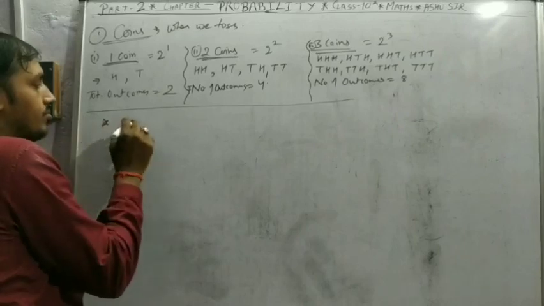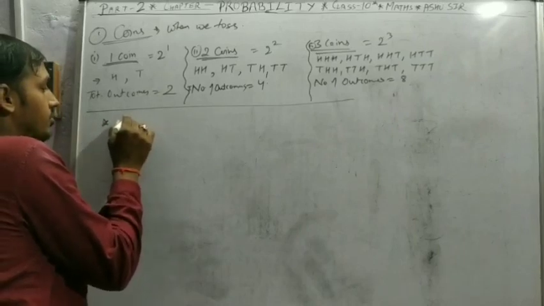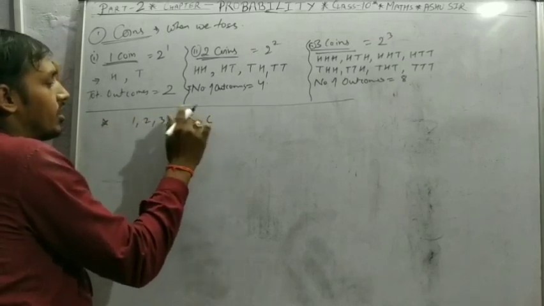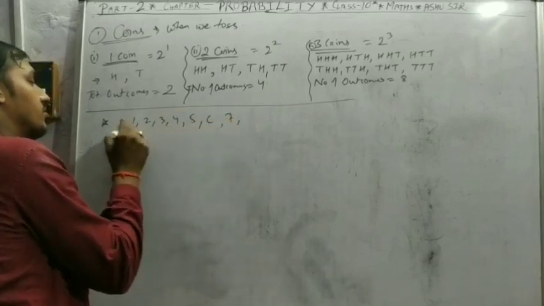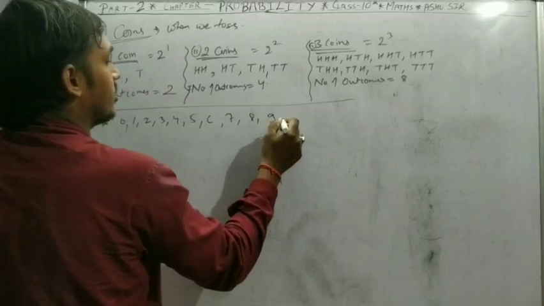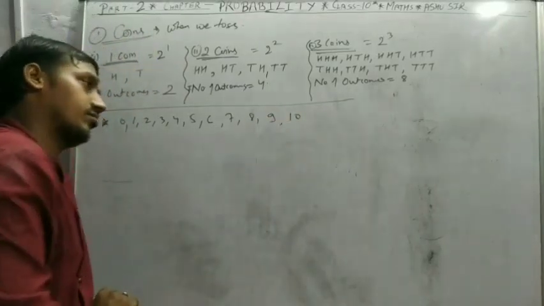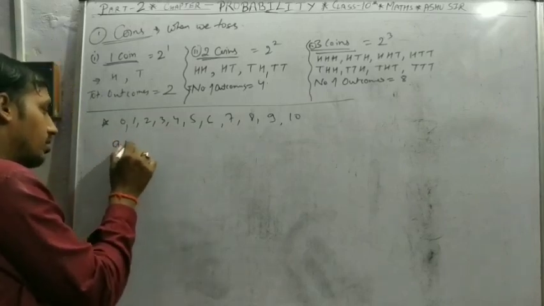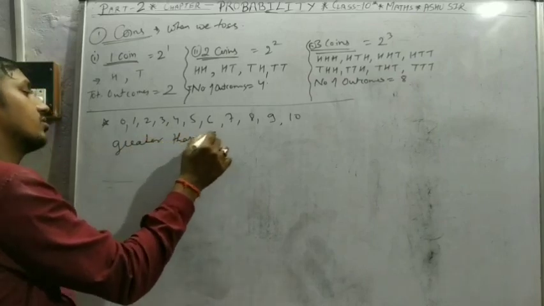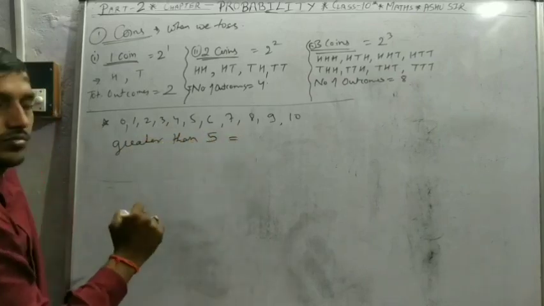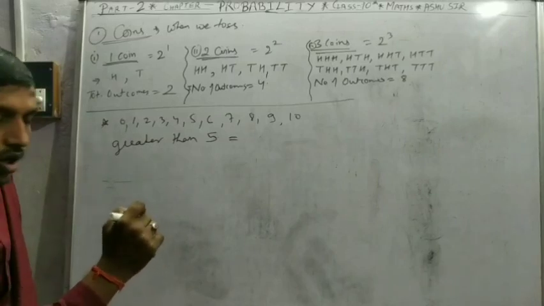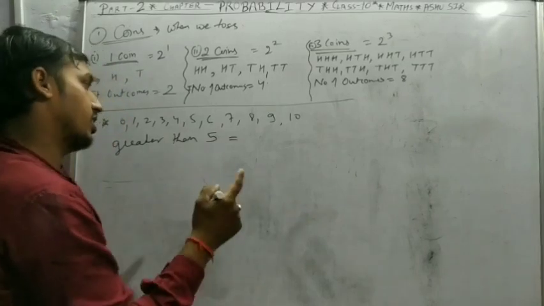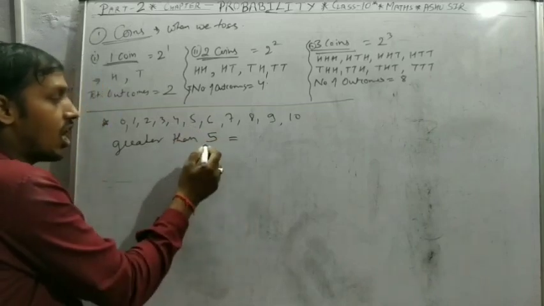If we count 1, 2, 3, 4, 5, 6, 7, 8, 9, 10, and I say greater than 5, that means you count after 5.